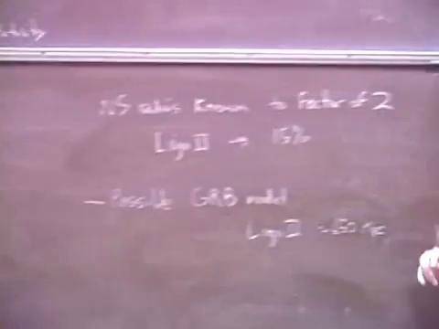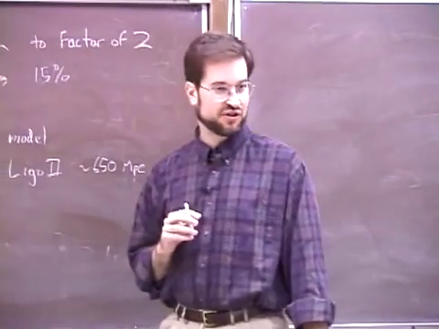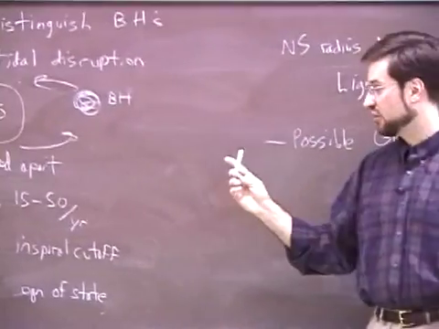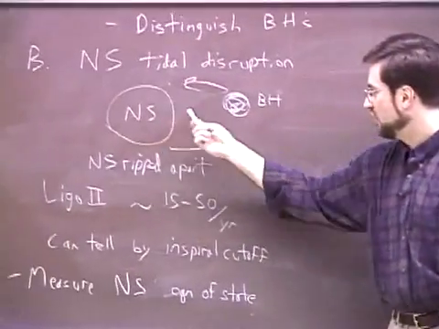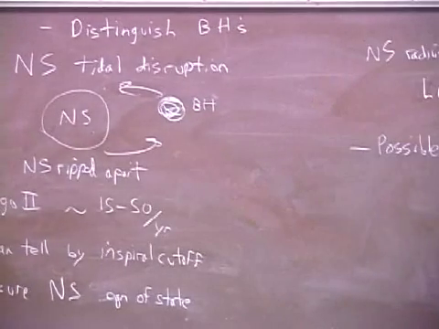Another thing I'd like to say about this problem is, of course, we'd like to be able to compute the gravitational radiation from this, and to compute when, given a particular equation of state, this neutron star is going to be disrupted.